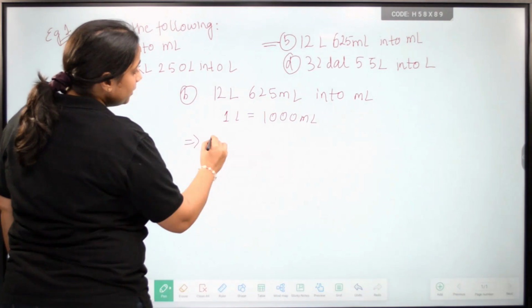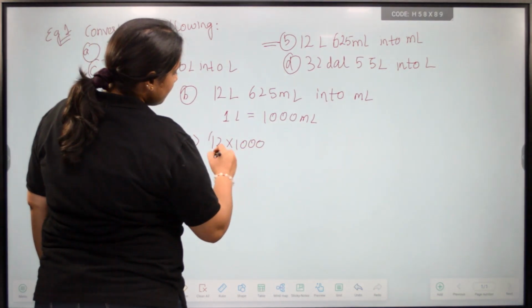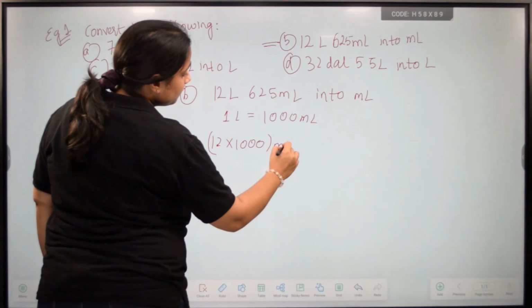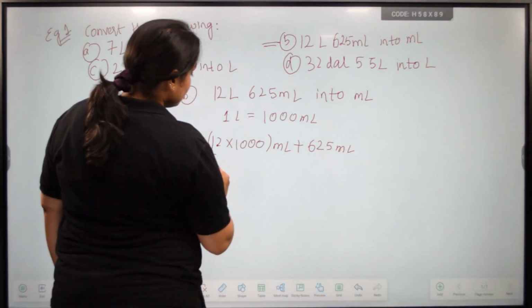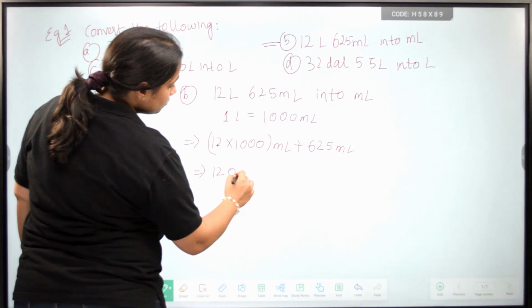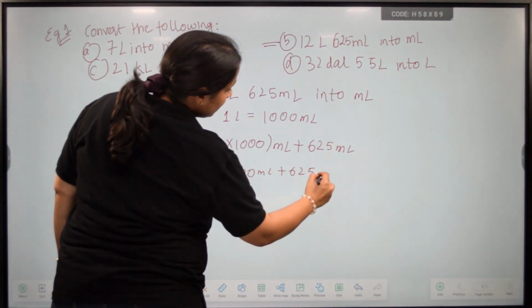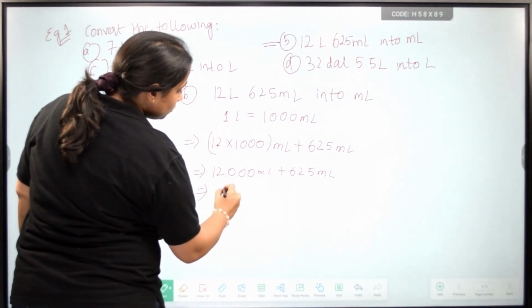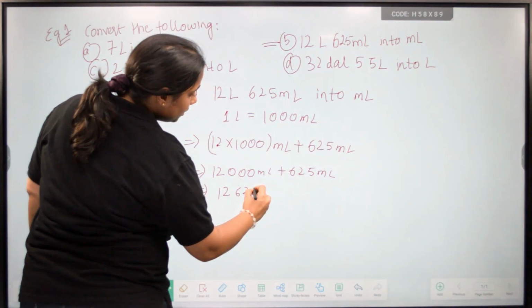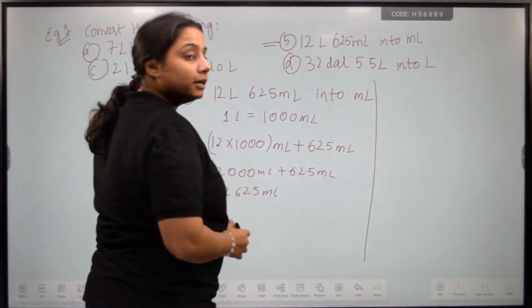So it will be 12 into 1000 ml plus 625 ml. So it becomes 12,000 ml plus 625 ml. Hence the answer will be 12,625 ml.